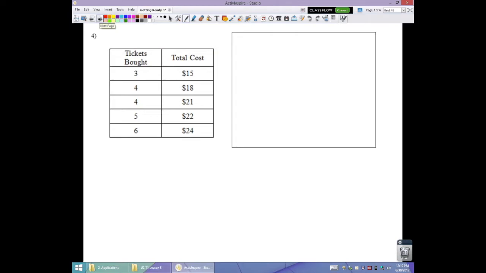Number 4, and maybe you're piecing together here what you're really looking for in a table is, do any of your x's repeat? So in this one, I see the 4 there twice. Once it's assigned to 18, next time it's assigned to 21. Well, that's definitely a violation of that definition, which said that every x value can be assigned exactly one y value. Well, 4 is assigned to 2 different y values. So this is not a function.